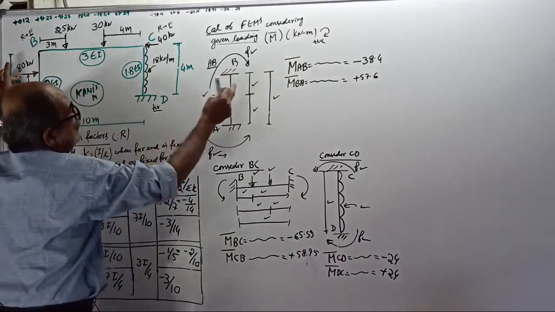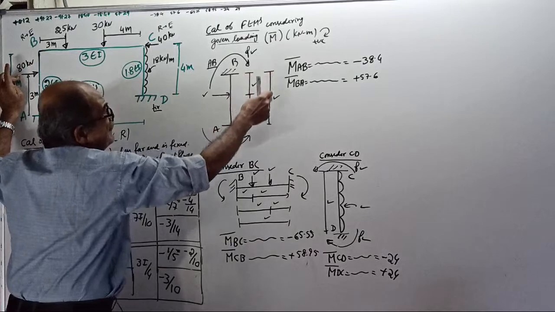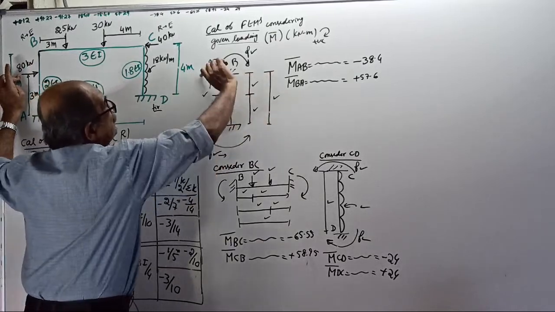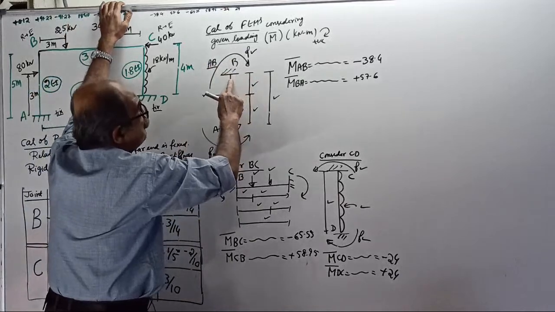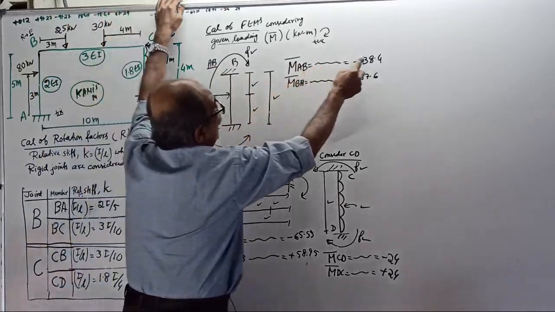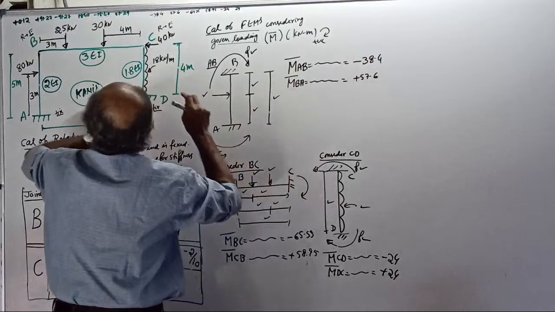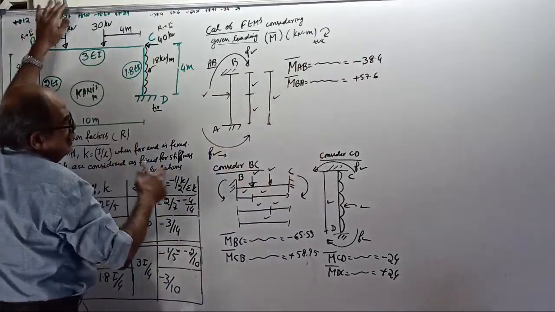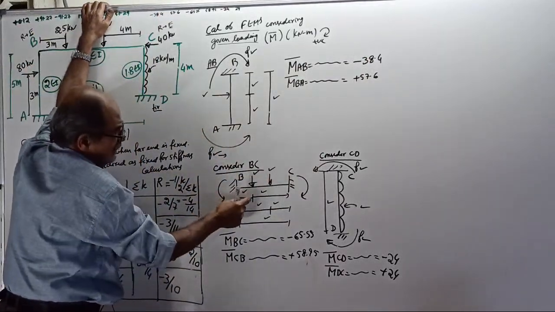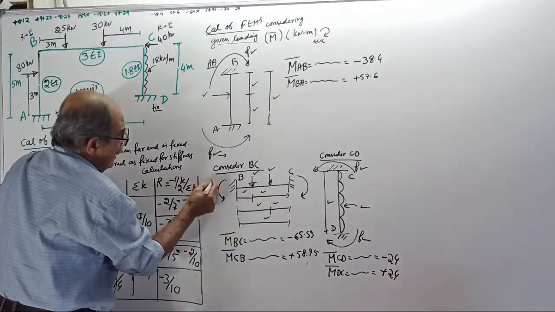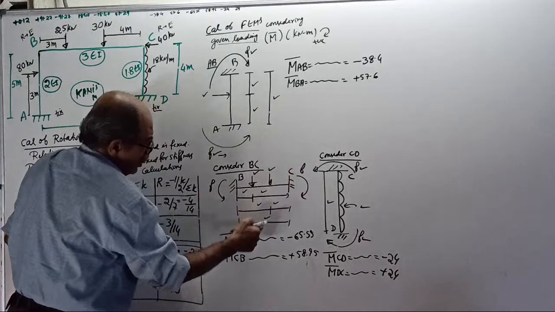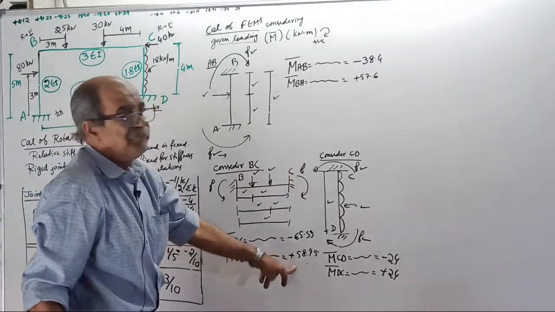Write the load, write the distances, write the total length, anti-clockwise, clockwise, write the formula, then go for calculation. M bar AB, M bar BA will come. Go to BC span. 2 point loads are there. Write these two distances, total span, write the formula, show the calculation, get FEMs.